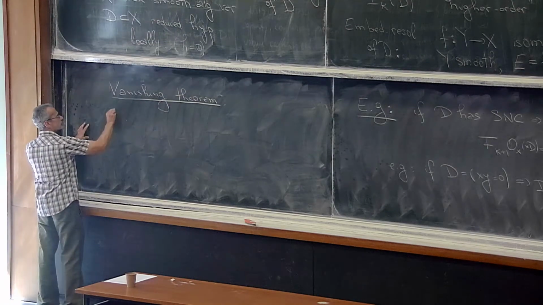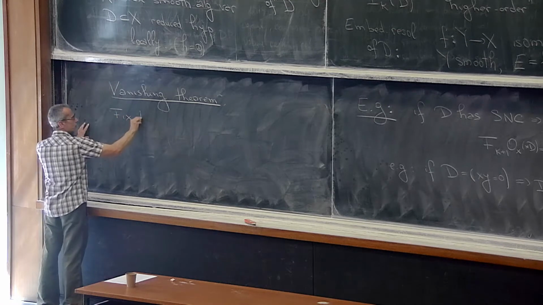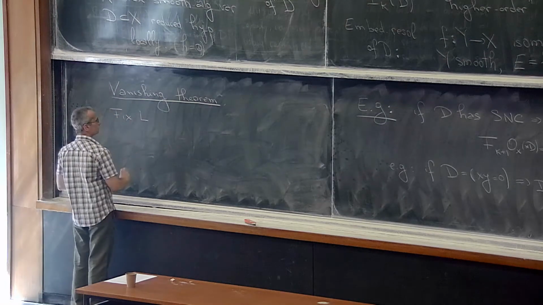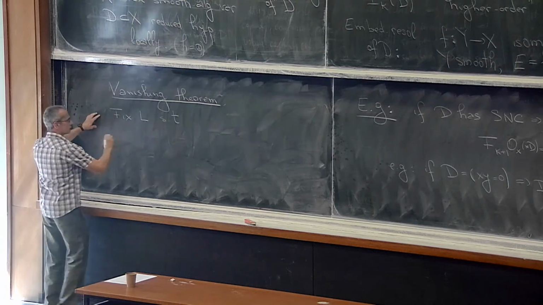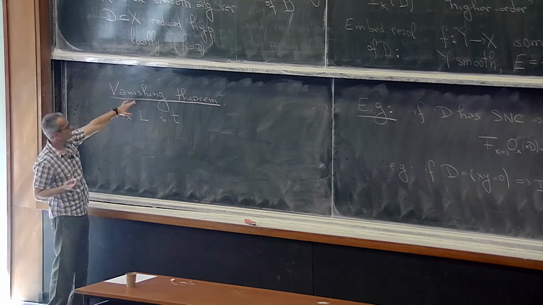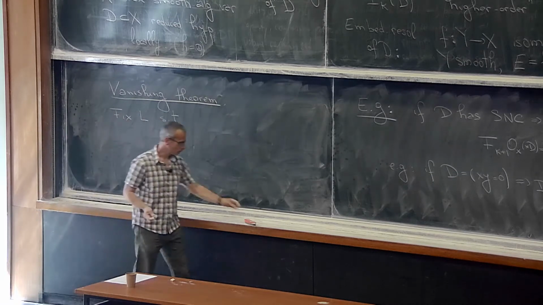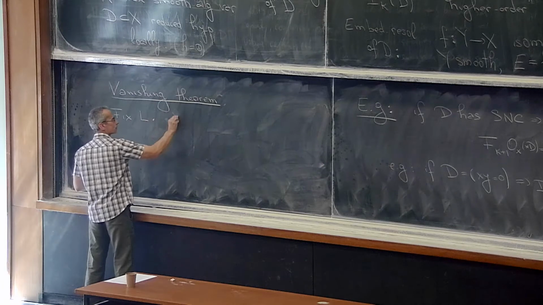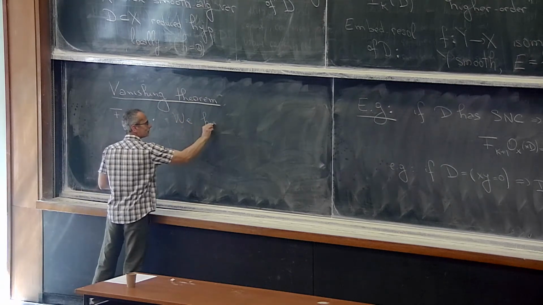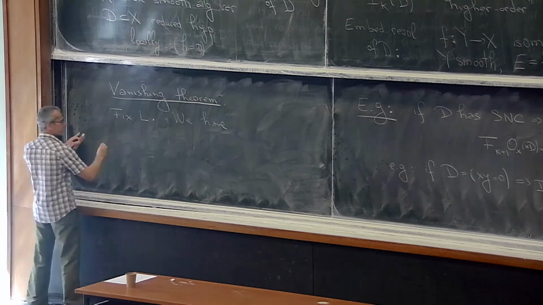I fix L, a line bundle, such that the following conditions hold. All right, maybe it's more enlightening to say first what is the vanishing that I want. So I want a generalization of Nadel vanishing.